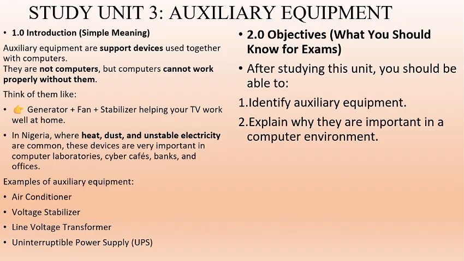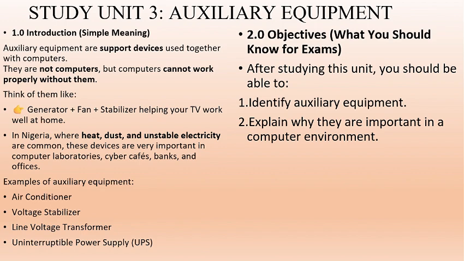Think of them like a generator plus a fan plus a stabilizer, helping your TV to work well at home. You have a generator at home, and behind that generator you have a fan, and you have a stabilizer that helps stabilize the voltage of the current the generator is passing through to your house.